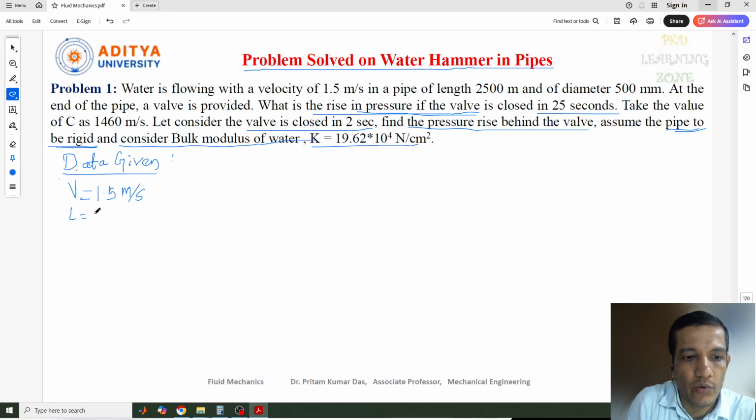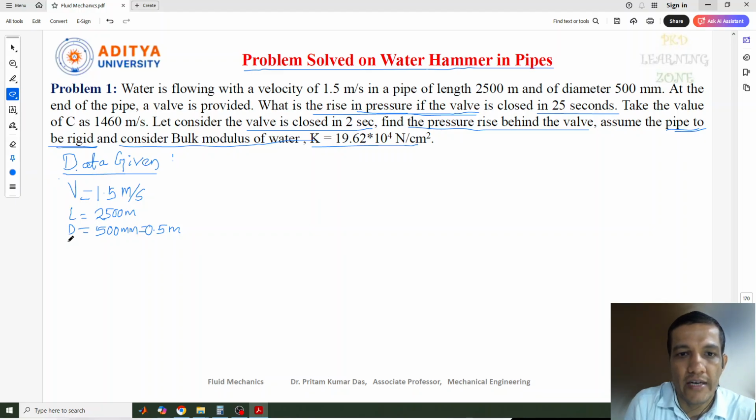So length equal to 2500 meter, and the diameter of the pipe is given. So d equal to 500 millimeter. You can convert it into meter, so this can be written 0.5 meter.